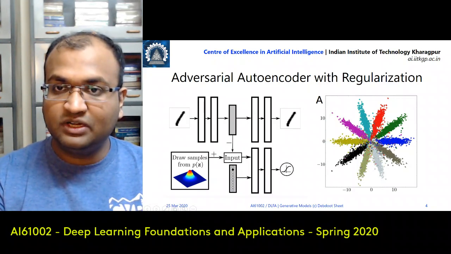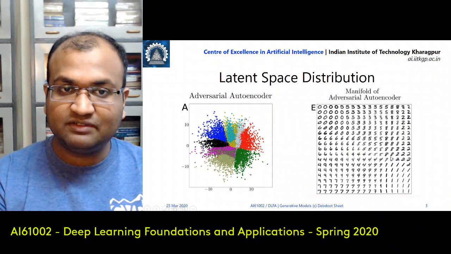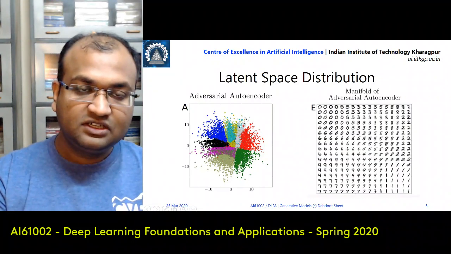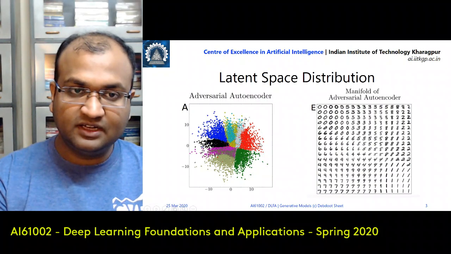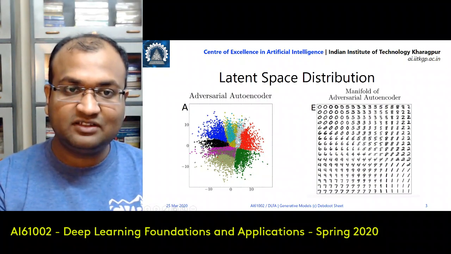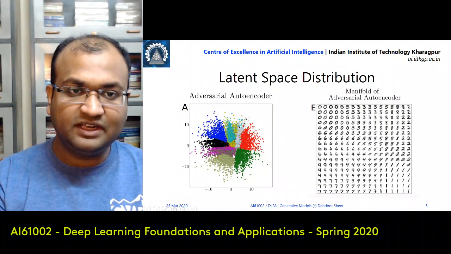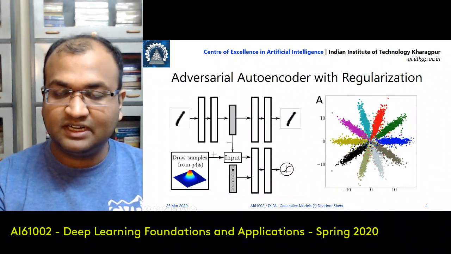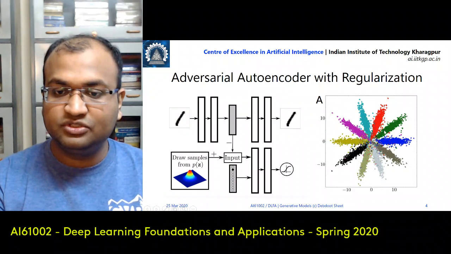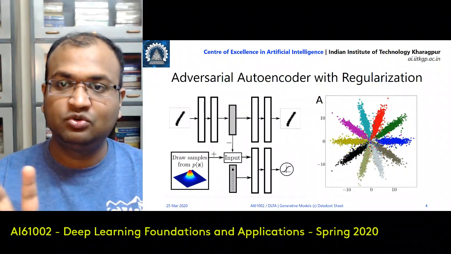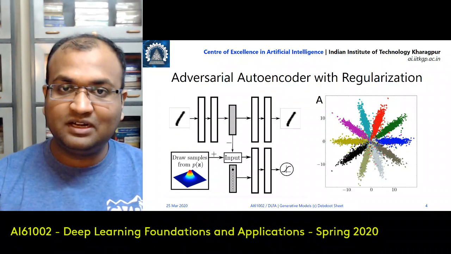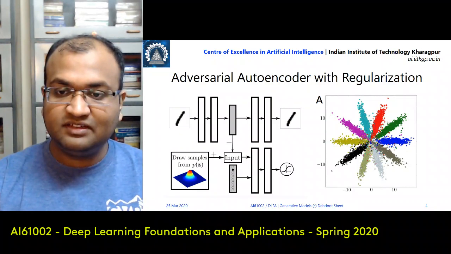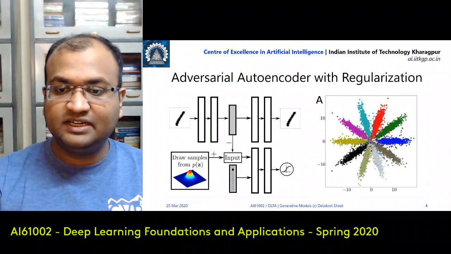What is different is that in the earlier case it was a single Gaussian distribution with the same variance along the x-axis and y-axis, about plus minus 5, and you have your mean at 0. But here, every single number has a very distinct distribution, which looks like the petal of a flower. So this looks like a 10 petaled flower, and every single one of them has a different distribution from where it is generated.